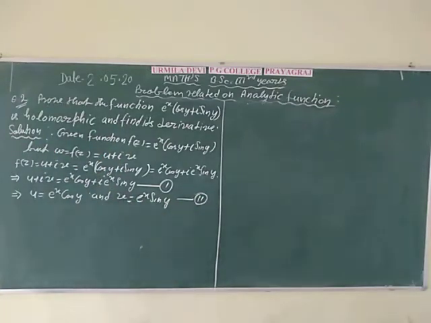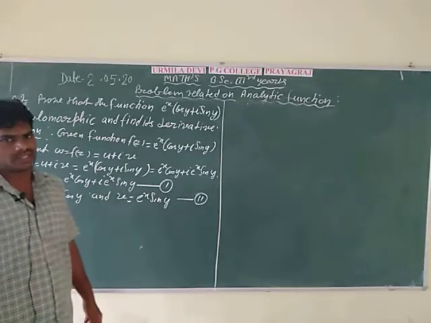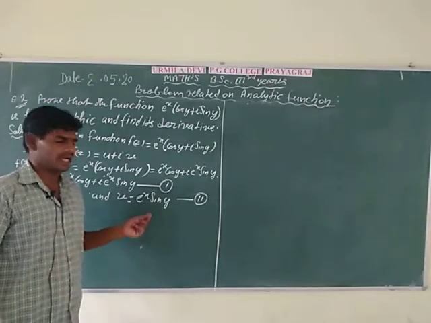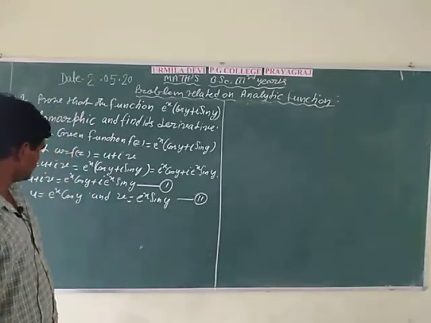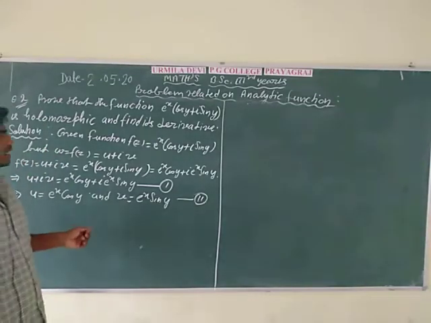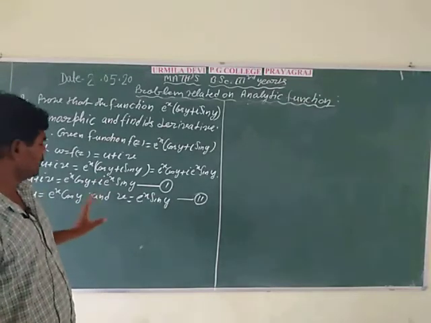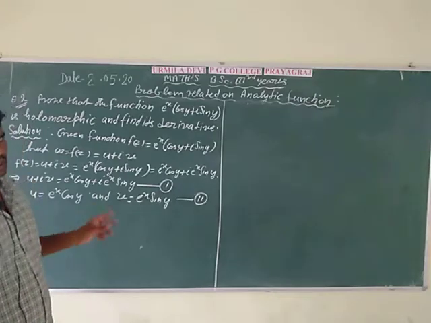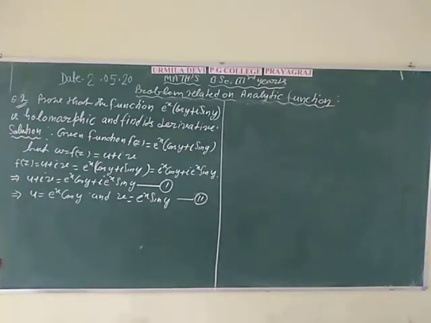So in equation second, the real part of f(z), u, is equal to e to power x cos y, and the imaginary part of f(z), v, is equal to e to power x sin y. Do these real and imaginary parts satisfy the CR equations? Because if both satisfy the CR equations, then the function f(z) will be an analytic function.